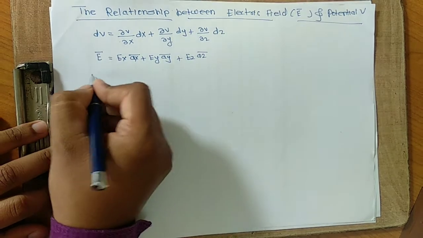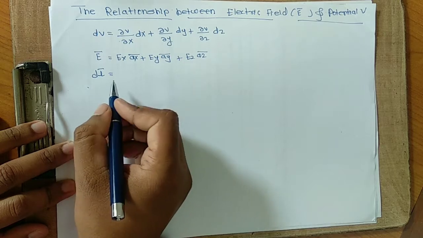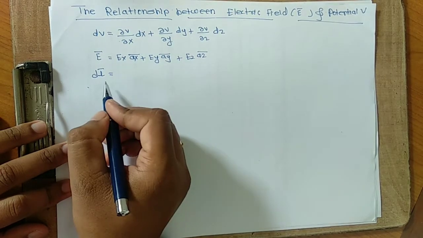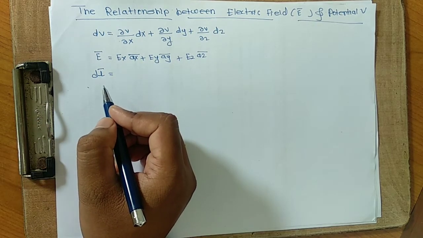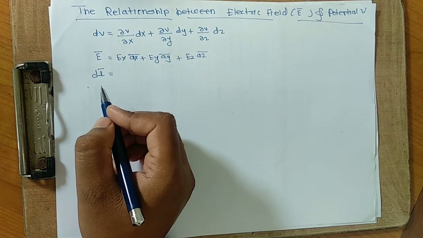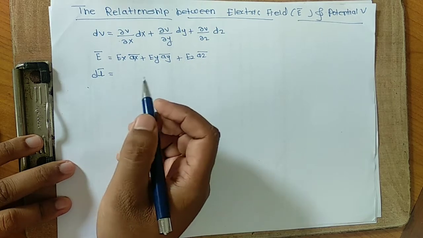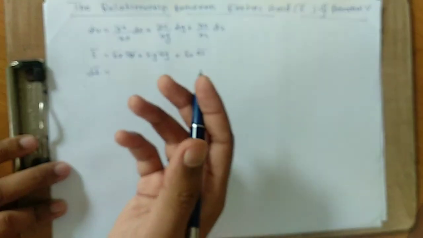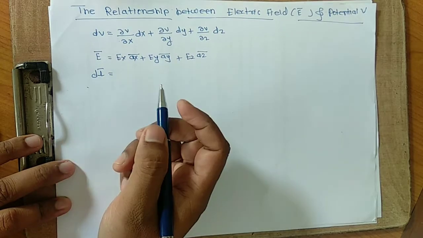Now I want to write dL bar. I will tell you why I am writing this. What is differential length? I want to represent this differential length in the different coordinates. We have already defined differential length in the coordinate system introduction: in Cartesian, spherical, and cylindrical coordinates we represent dL bar in a different way.